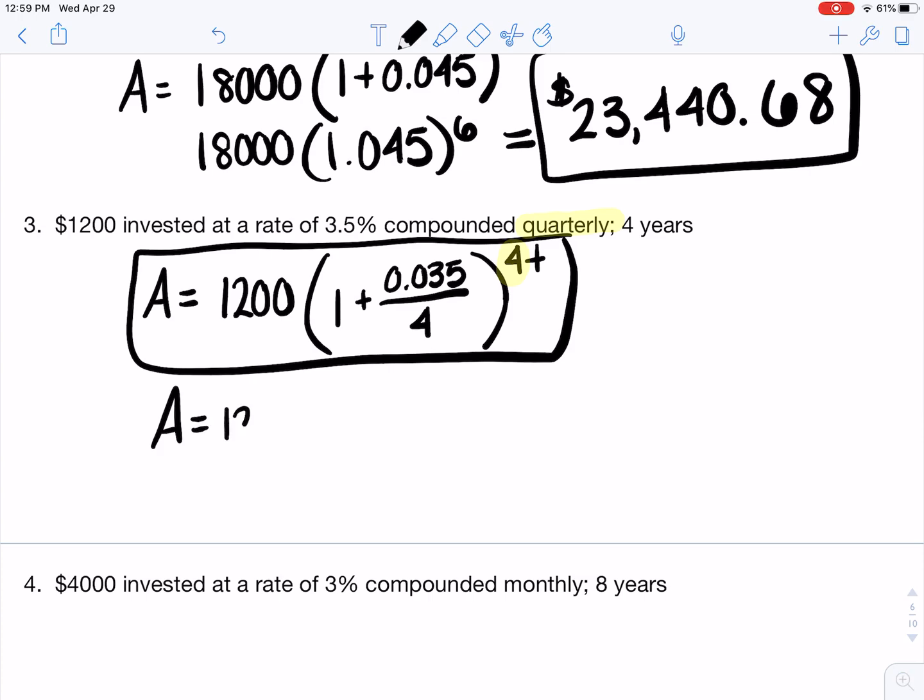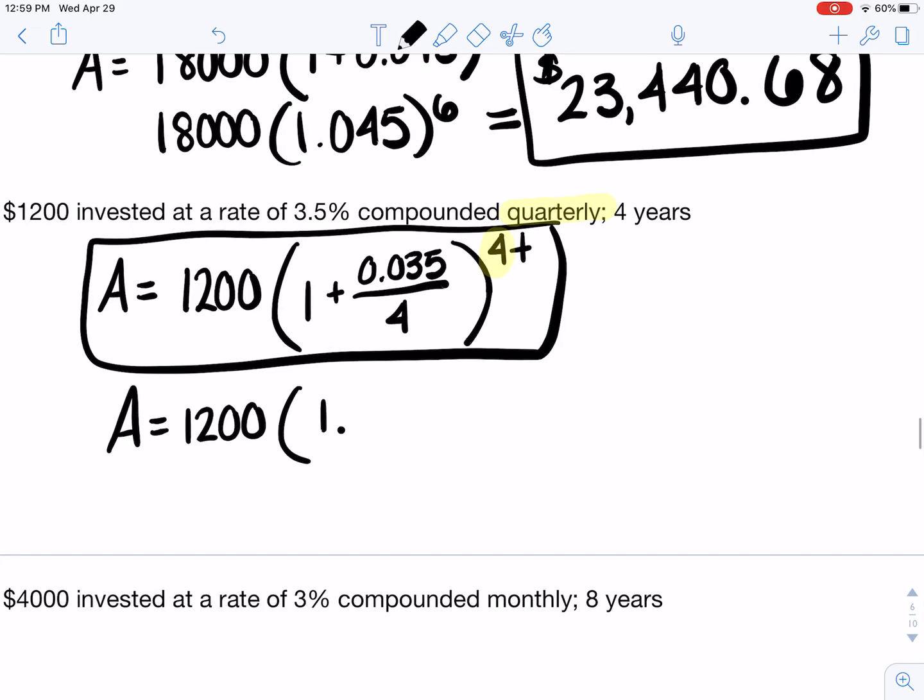So A equals 1,200 times 1 plus 0.035 divided by 4, which is 0.00875. 4 times 14 is 56, so this is raised to the power of 56.